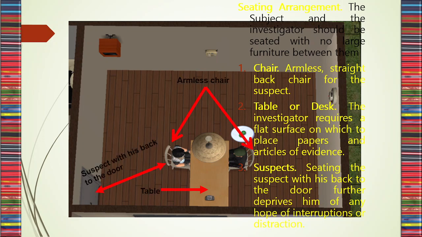So you have here the chairs for both the suspect and the interrogator. Then the suspect with his back to the door, and we can see the table.